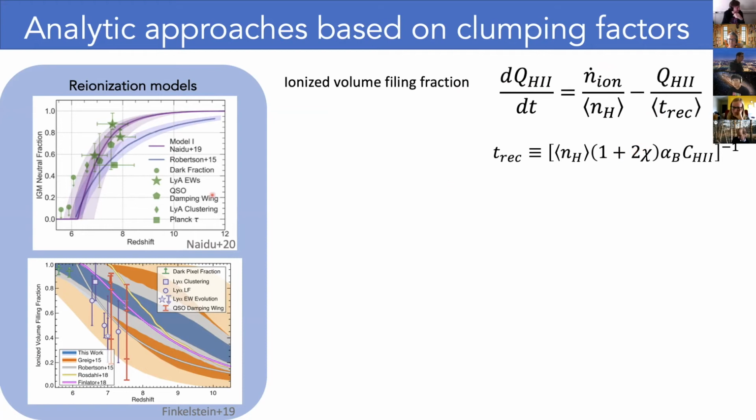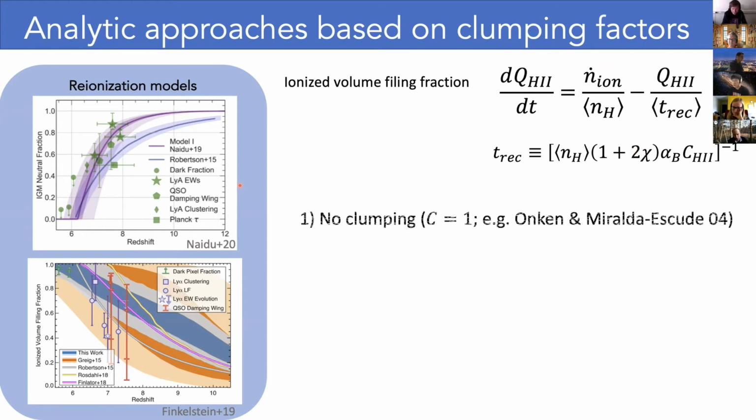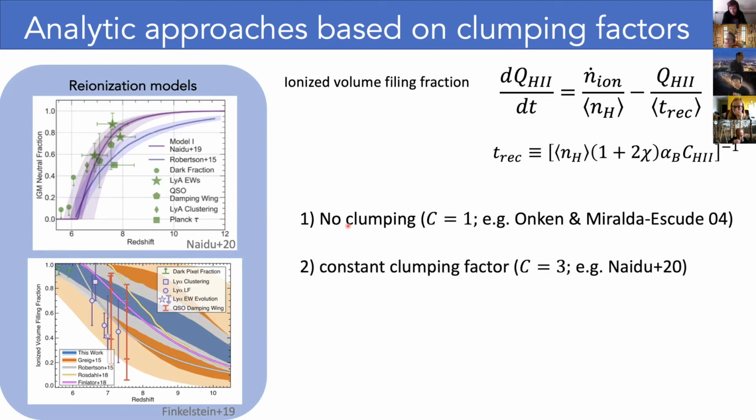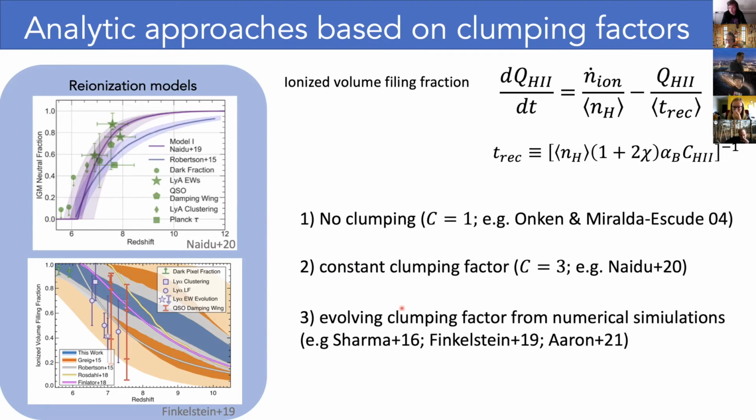Reionization models often assume no clumping of the IGM, meaning a clumping factor of unity, or constant clumping factors, for example equal to 3, or a time-evolving clumping factor obtained from numerical simulation.